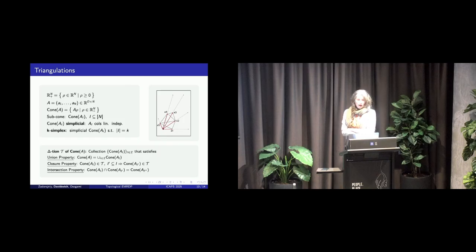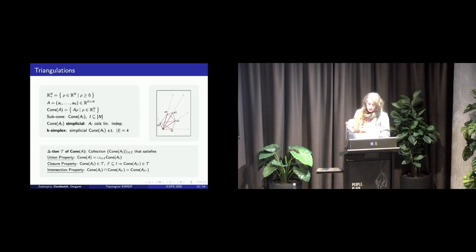Here in this talk, we look into conic triangulations that deal with positive spans of vector configurations. A simplicial cone is a high-dimensional analog of the trihedral cone. There are 3 assumptions on the collections of simplicial cones to make them into a conic triangulation.